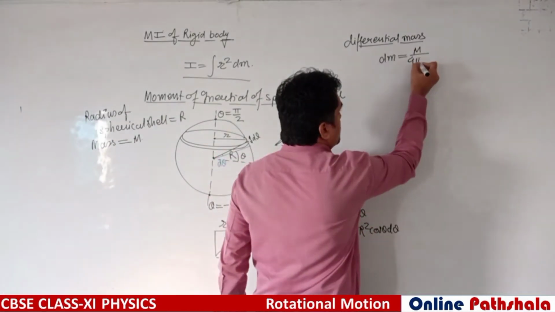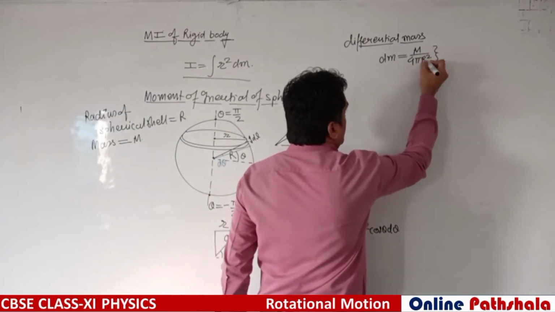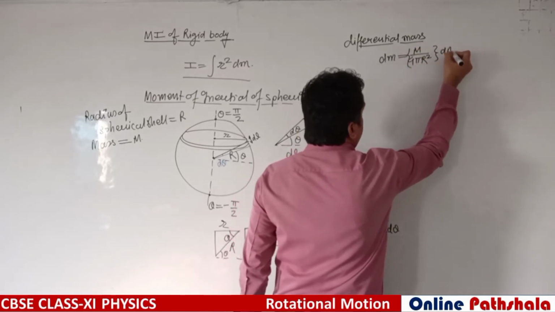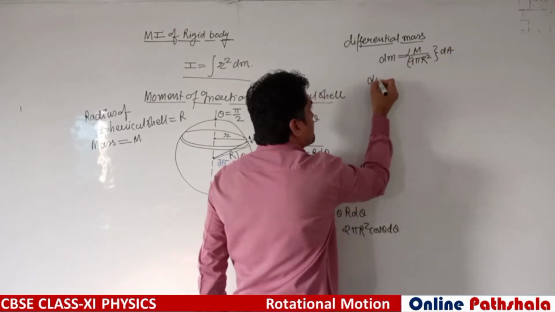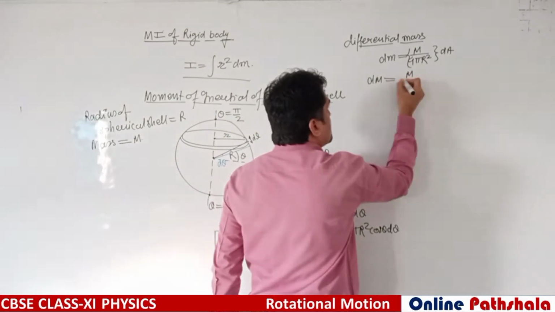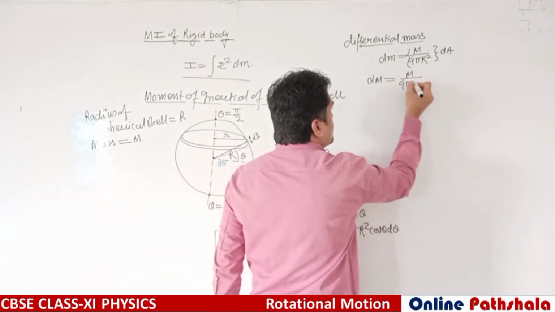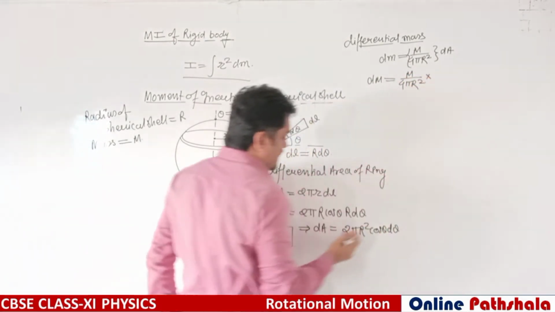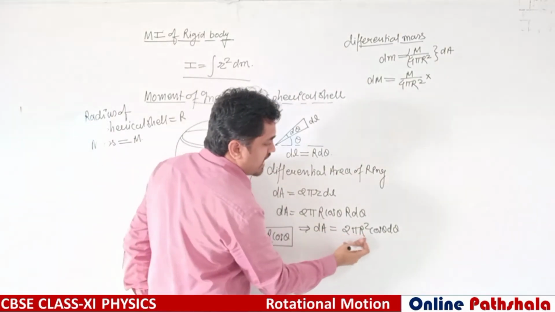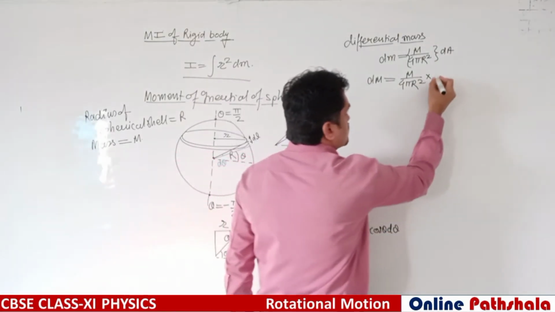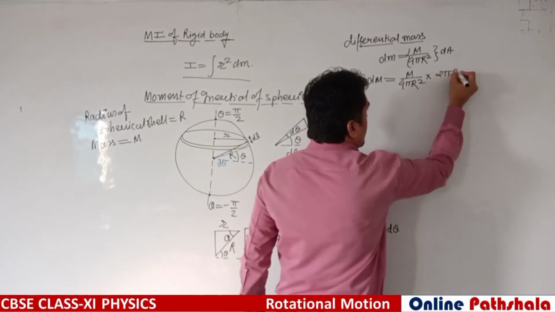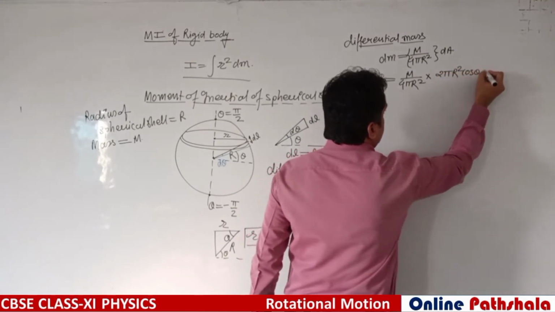Now, we are putting the value: M divided by 4 pi R square, and the value of differential area is 2 pi R square cos theta into d theta.